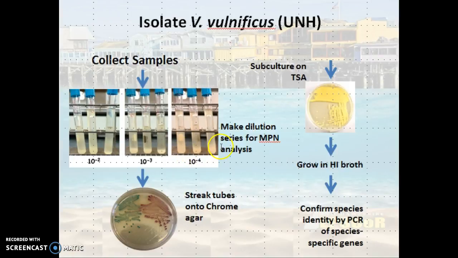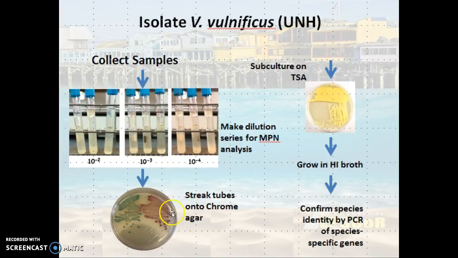And you look at the tubes for growth, and you use a scoring matrix that allows you to say, okay, there are 3 Vibrio vulnificus most probable number units per gram of sample in this particular sample. So this allows us to get the levels of Vibrio vulnificus found in a sample.